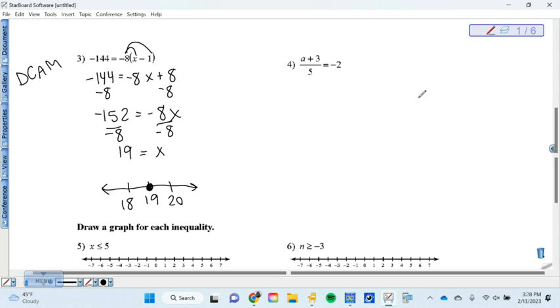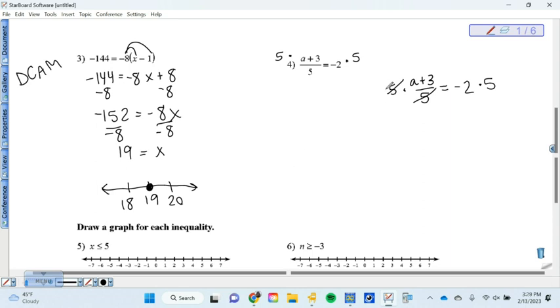And then what about number 4? What's my first step going to be here to get that a by itself? Multiply by 5 on both sides. Okay, let me just rewrite it for our friends who need to see it. If I multiply both sides by 5, on the left-hand side, these 5s just cancel out.